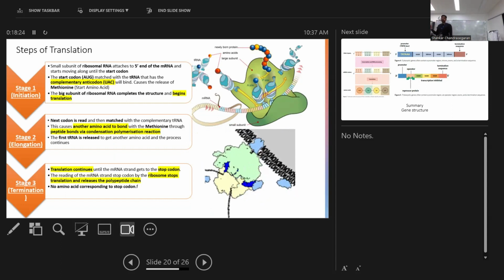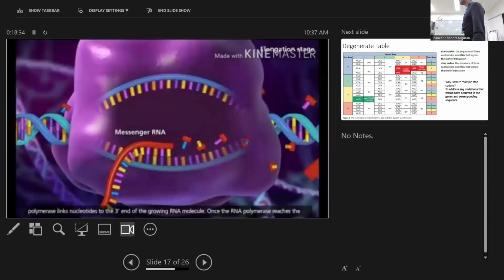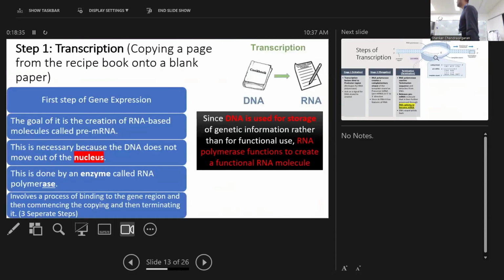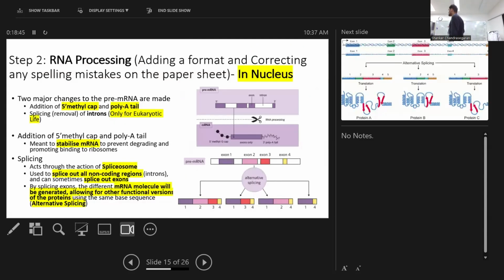Okay, so this is how we get a polypeptide from a gene. It starts off with transcription, where it makes a free mRNA molecule, and then that free mRNA molecule is processed through RNA processing to be made viable for translation, both in terms of stability and also in terms of generating a functional copy of a protein.